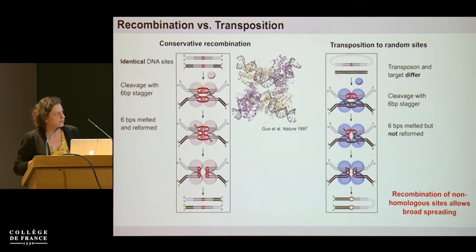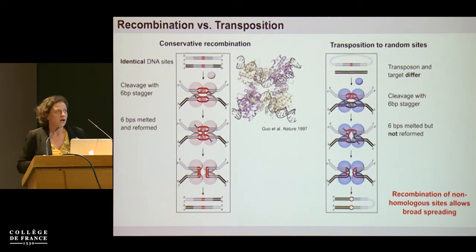What this means is that the transposase, if it works similarly to the recombinase, needs to bind and synapse two sites. One is a specific site, the other is a random site.